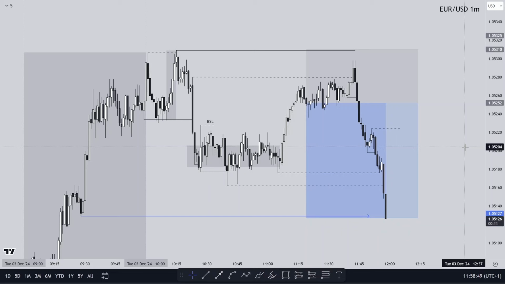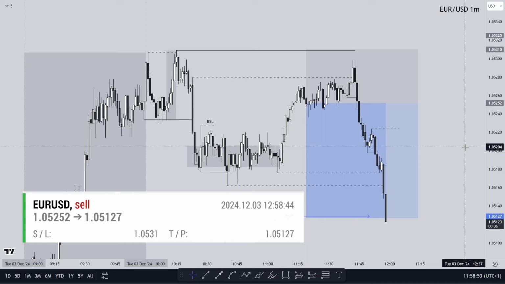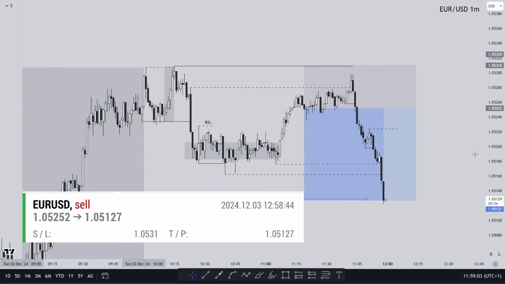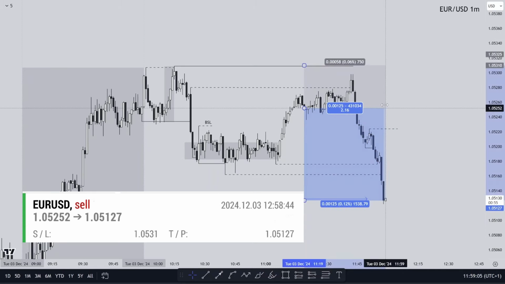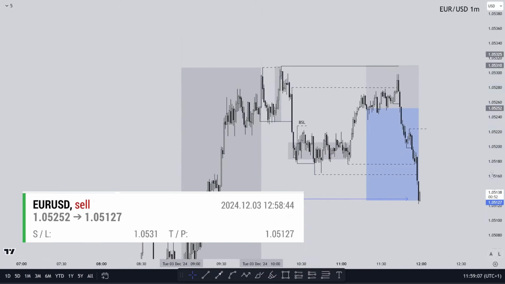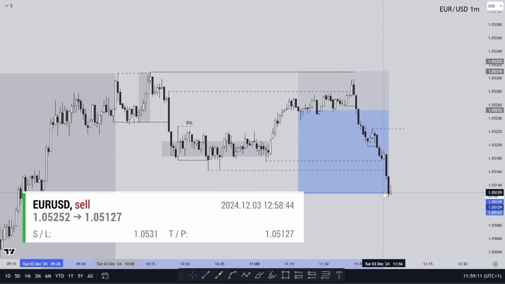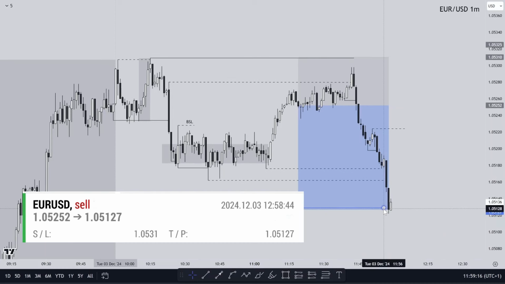As you can see, this is the operation, and I'm very happy because it wasn't a simple trade, to be honest, but I'm happy about that also because it's a very good example of the strategy. So I hope you learn something.